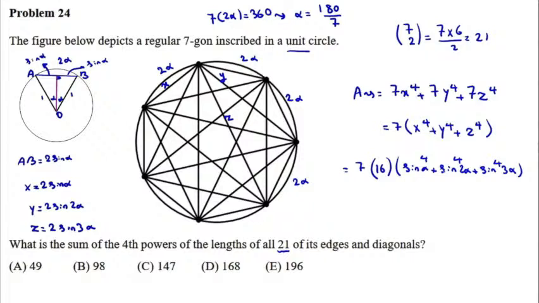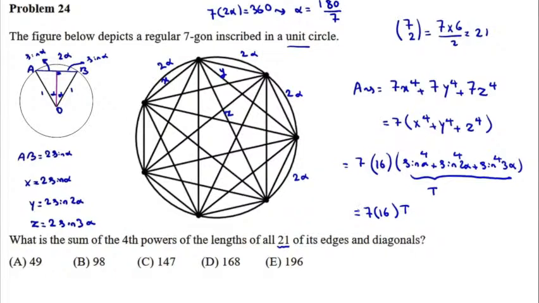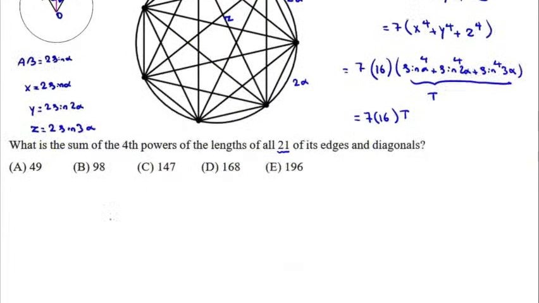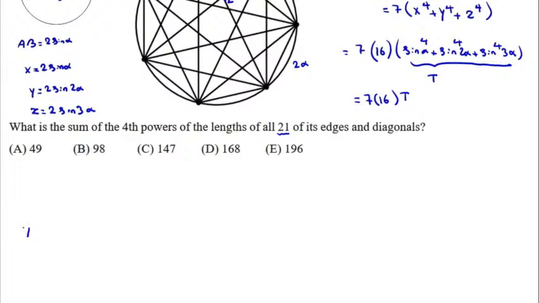Now we want to calculate this. If I consider this part as t, the answer is 7 times 16 times t. Let's focus on finding t. T is sine to the 4 alpha plus sine 2 alpha to the 4 plus sine 3 alpha to the power of 4.